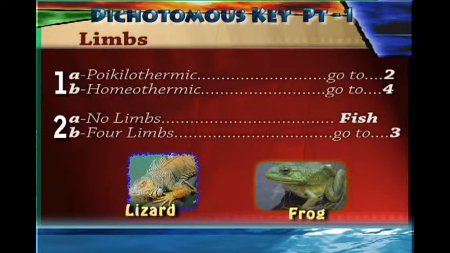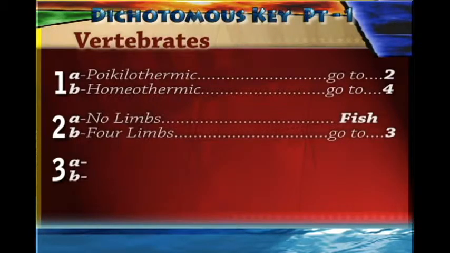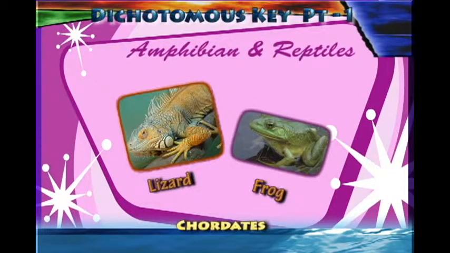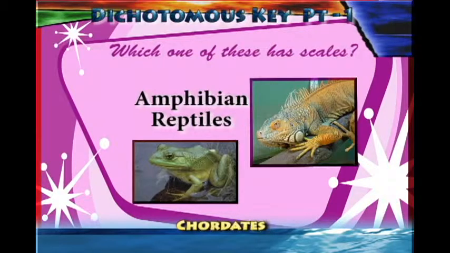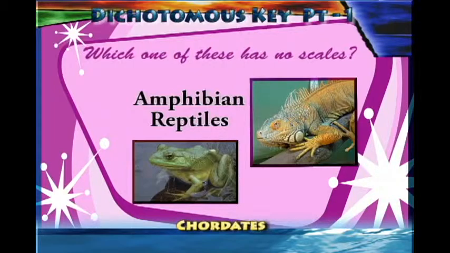So we say that those that have 4 limbs, let them go to number 3. When we go to number 3, we still ask ourselves a question. Now we have at number 3 the classes of organisms that have 4 limbs, the amphibians and the reptiles. The question is going to be about the scales: which one has scales and which one has no scales on the body.